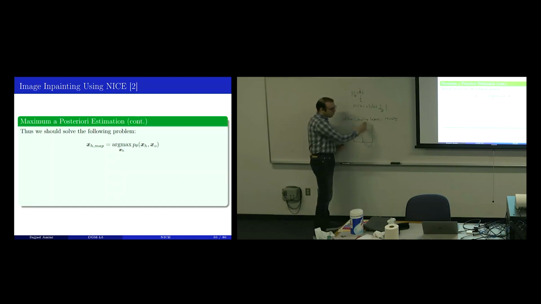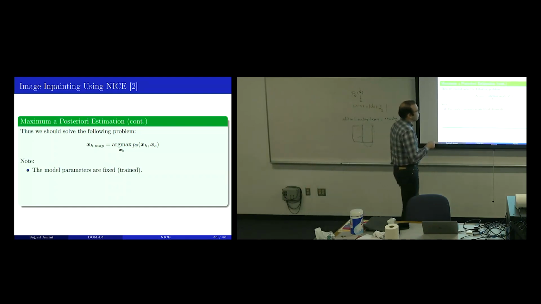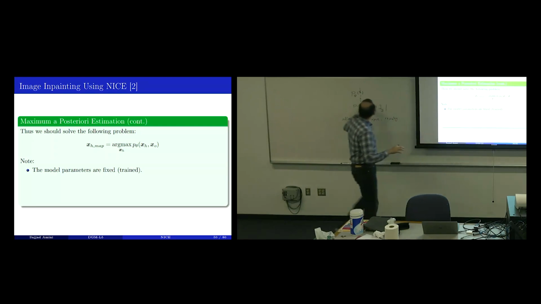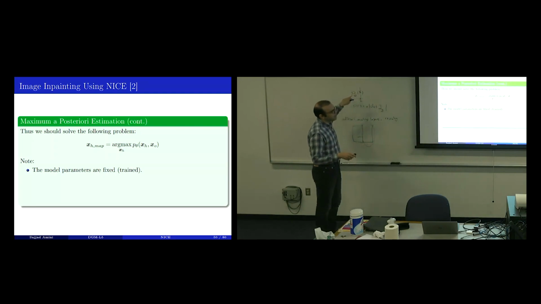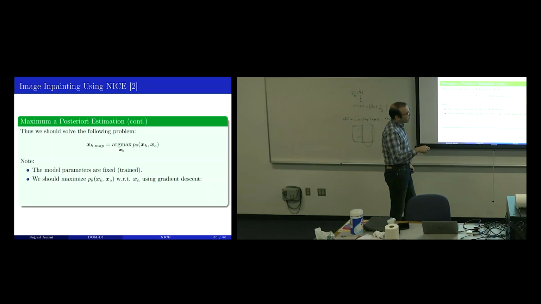You change these parts such that the best fit to your model is attained, and that's your filling. Pay attention that the model parameters are fixed. It means that you do not need to optimize theta. We should maximize the joint with respect to the hidden part, the part which is missed.